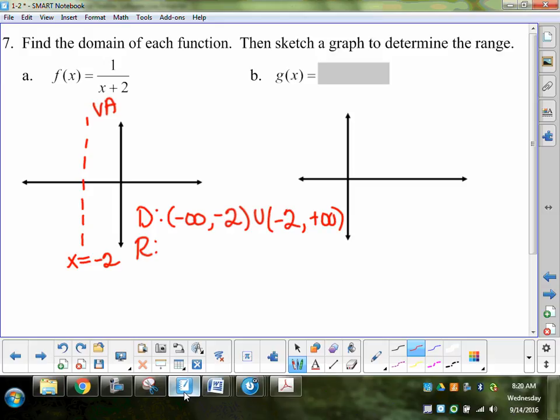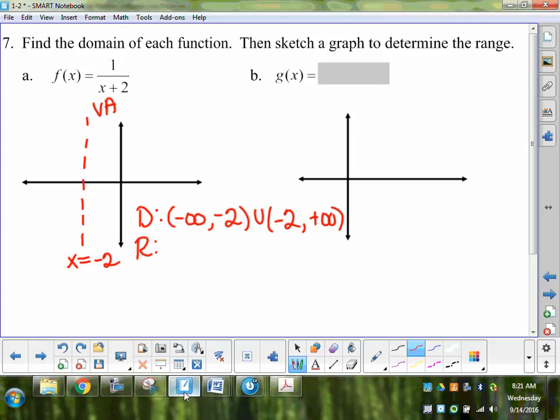How about the range on this? Hands up, please, if you can tell me what the range would be. Look at the graph. Is everything used? Is something excluded? If so, what would our range be? We've got 0 persons.